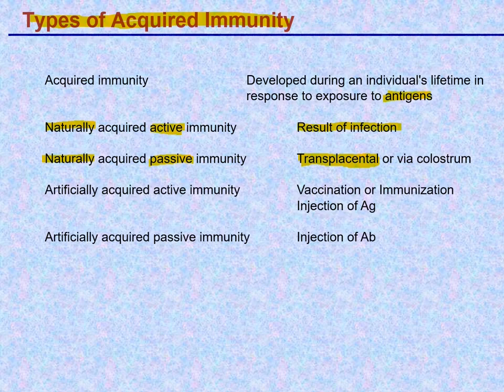The other thing is, of course, the baby is born and it doesn't receive any more antibody across the placenta, obviously, but babies will receive antibody via colostrum. Colostrum is the early milk that is produced by a pregnant woman.